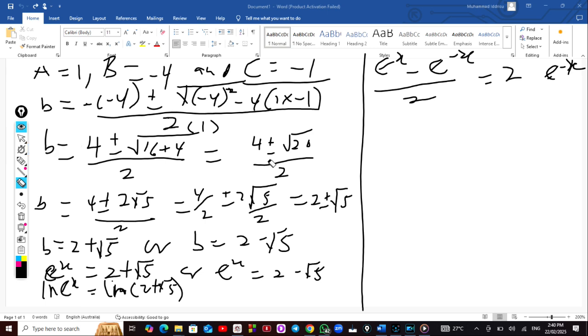After taking ln of both sides, we have x ln e is equal to ln of 2 plus root 5. We evaluate that in the calculator.